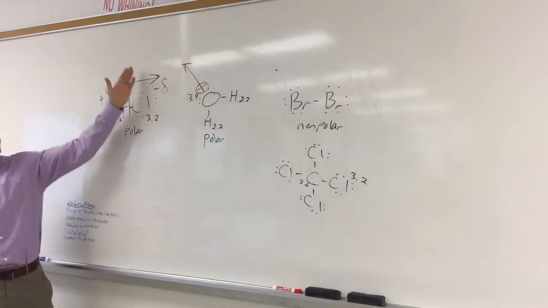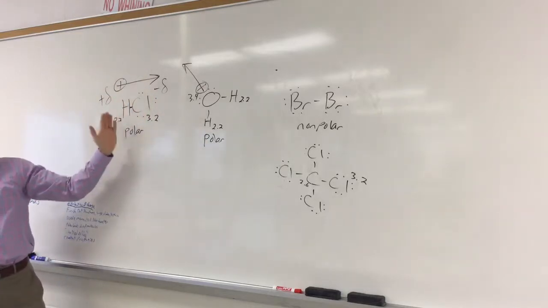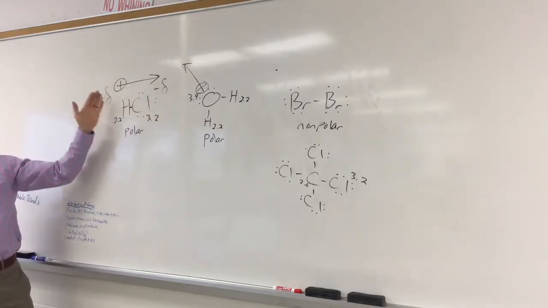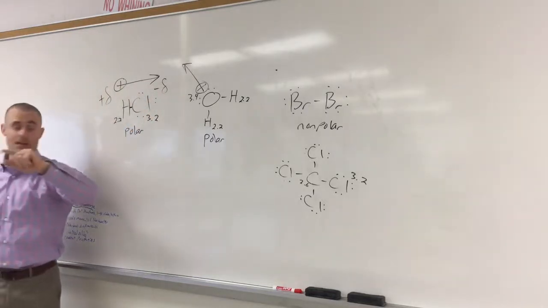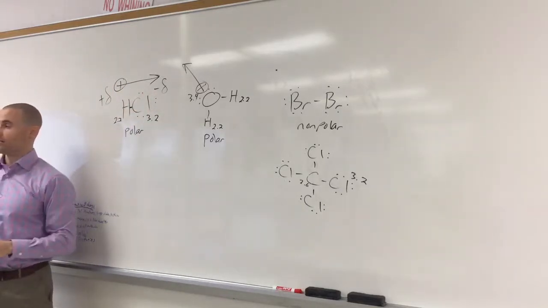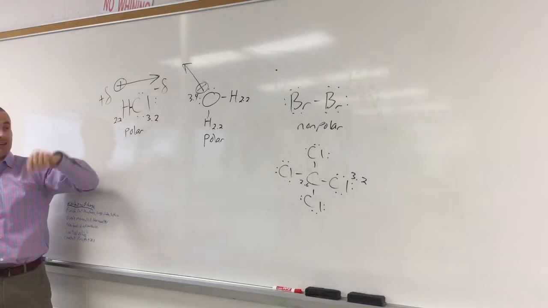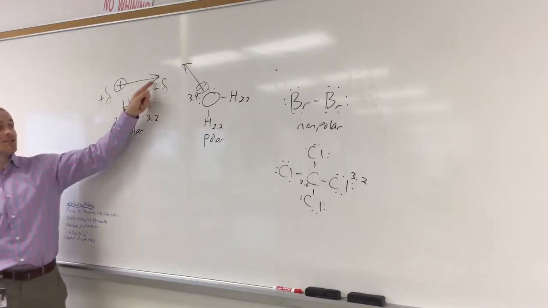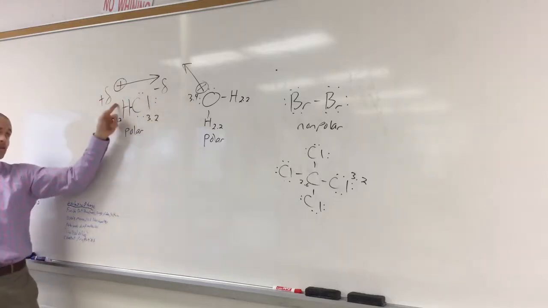Electrons are negative. So if you were to split this right down the middle, the right side is more negative, the left side is more positive. I want to make something very clear here. These are not negative positive charges like Na plus Cl minus. This is not ionic. It's polar. It's different. They're still sharing electrons, so we're not transferring, but it's slightly negative compared to this side, which is slightly positive.